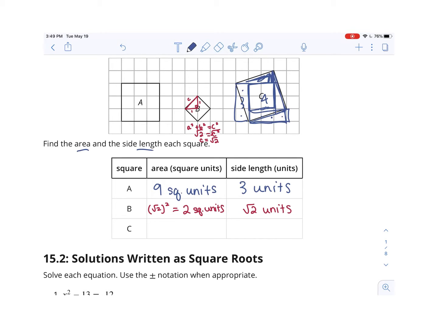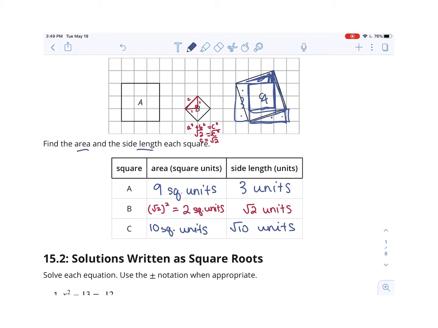So 3 plus 3 plus 4 would give you 10 square units for your area. And each of your side lengths then would have to be the square root of 10 units in length.